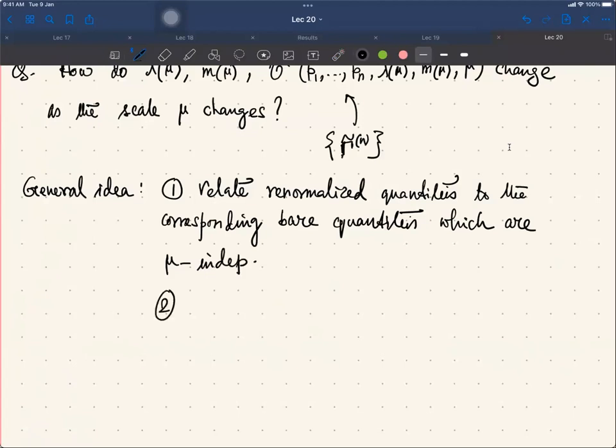Then next, apply the operator mu d/d mu on this relation.